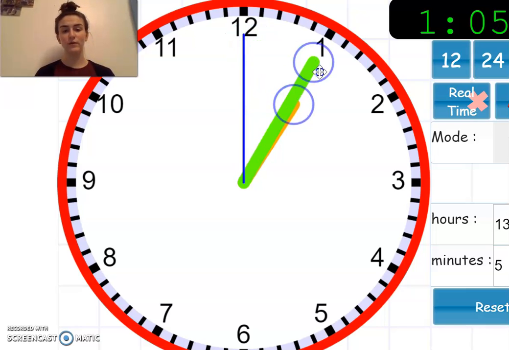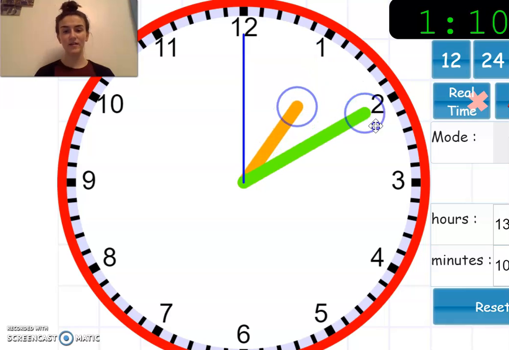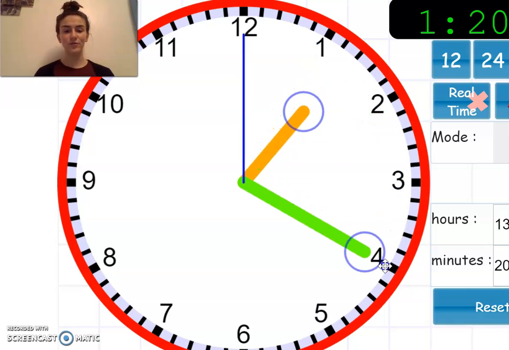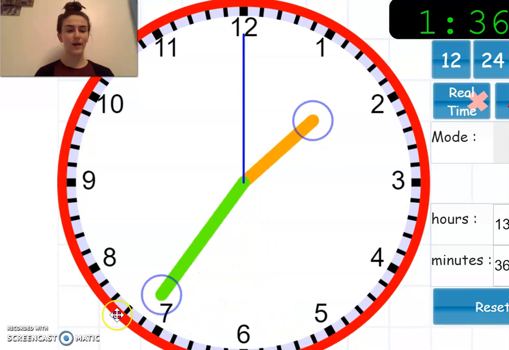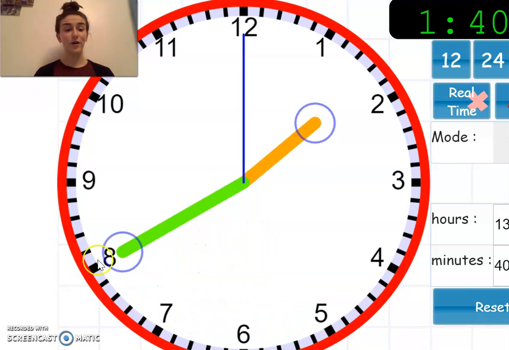So from the 12 to the 1 is 5, 10, 15, 20, 25, 30, 35, 40. So to show 1:40, our hour hand is going to be between the 1 and the 2, and our minute hand is going to be pointing at the 8, right? Because the 8 is representing 40 minutes with our minute hand. All right, nice job, guys.